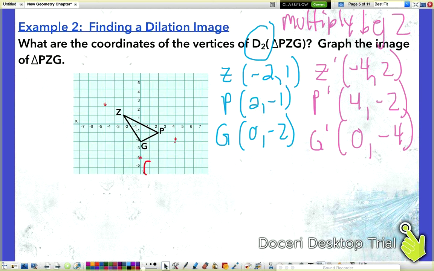So there's G prime, P prime, Z prime. Well, that is double. So that's about what it's going to look like, except yours is probably going to be straighter.